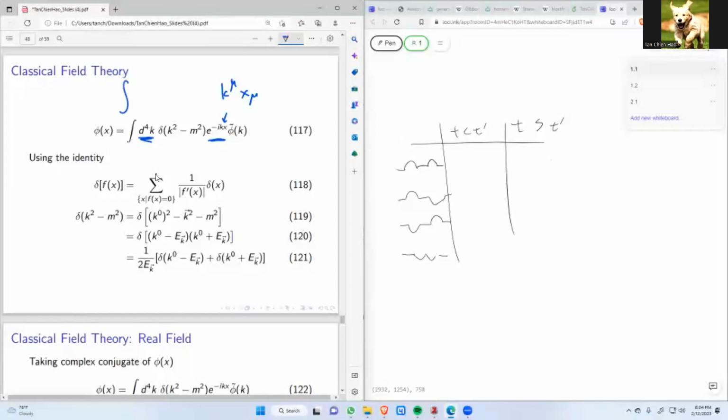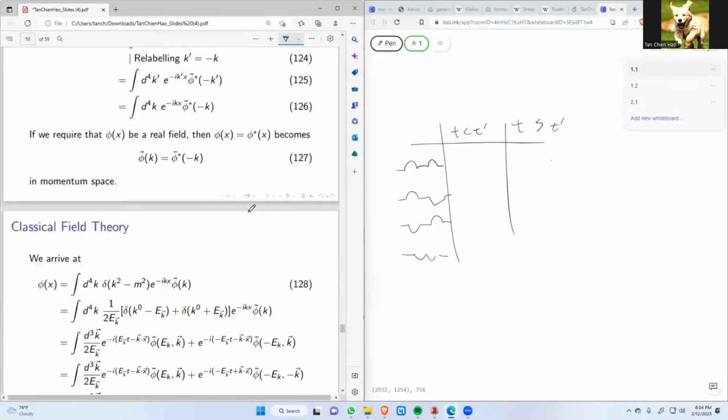The form that he roughly showed was something more like d3p over 2Ep, and then e to the ip dot x. So I'll resolve the ambiguity today. It turns out that the two of them are actually equivalent, and I'll show how they're equivalent.